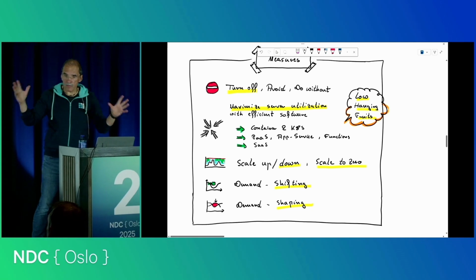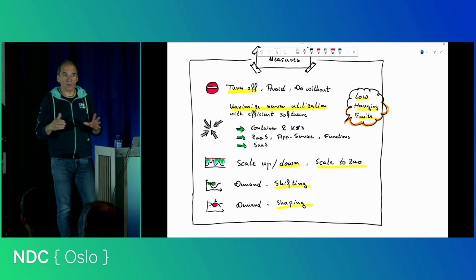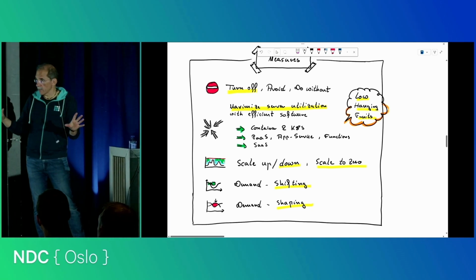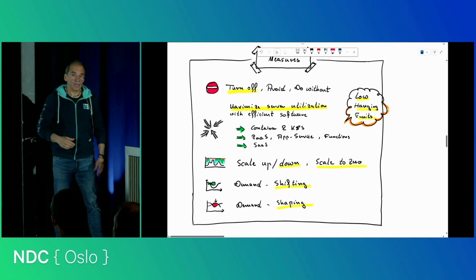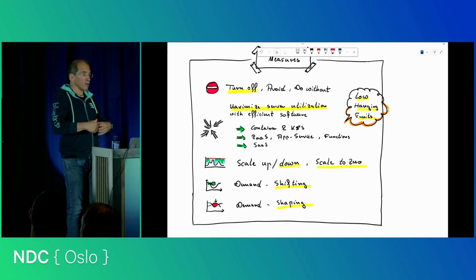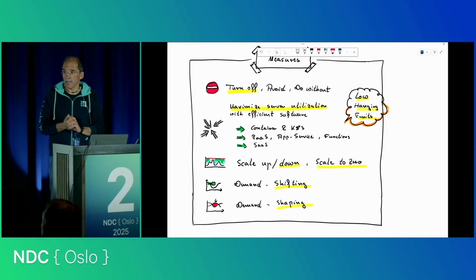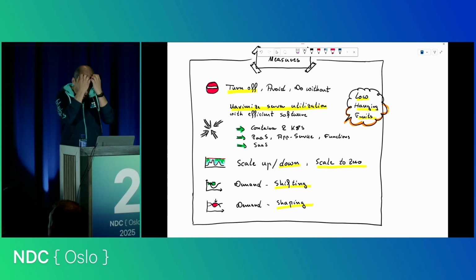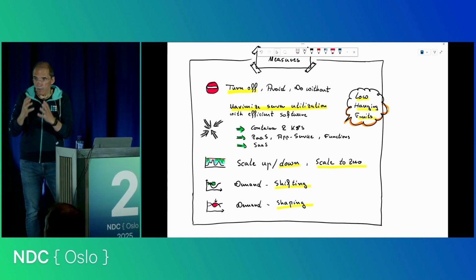There are a lot of systems, VMs and so on, and they are all running. There is data sitting in the cloud that nobody uses. For that, you can turn it off, you can avoid it.